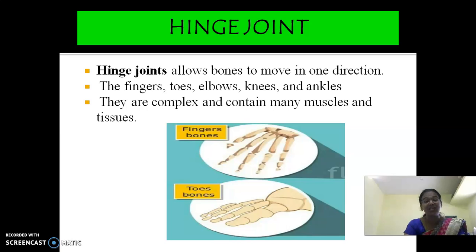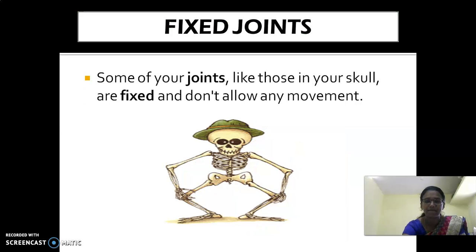Next is hinge joints. It allows the movement of bones only in one direction, like this, front and back, or up and down.